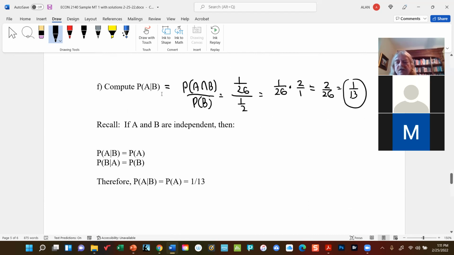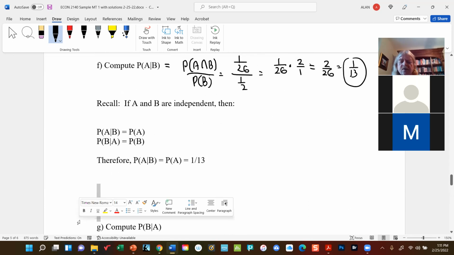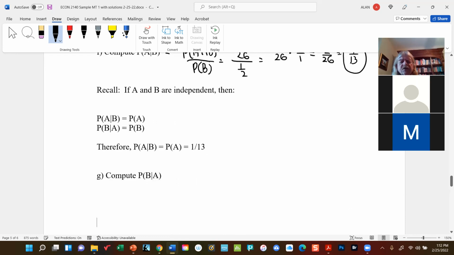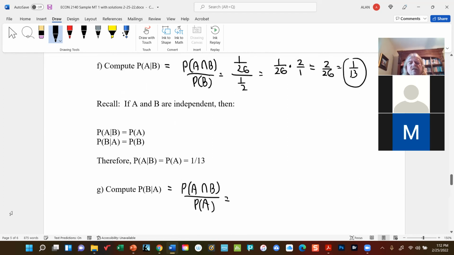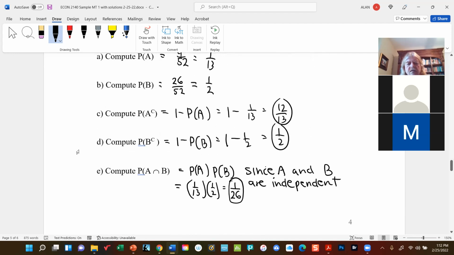Okay, so in other words, yes, you probably should write out the definition, but in a case like this, it isn't absolutely necessary because, you can see due to the independence, and here's the same thing. It's just going to equal whatever the probability of B is. But why don't we show it with the definition? So remember, A and B has a probability of 1/26. A was 1 out of 13, right?